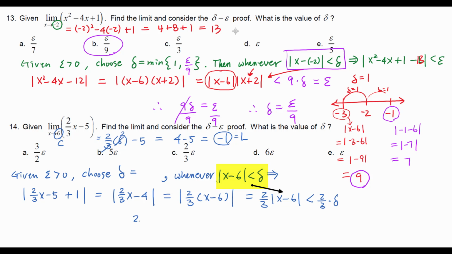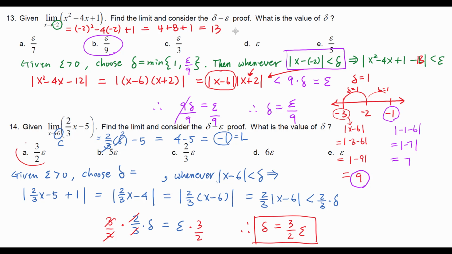So we want 2/3 times delta to be equal to epsilon. To solve for delta, we want to multiply both sides by 3 over 2. So here is your delta. Delta has to be equal to 3/2 epsilon. So the answer is A.